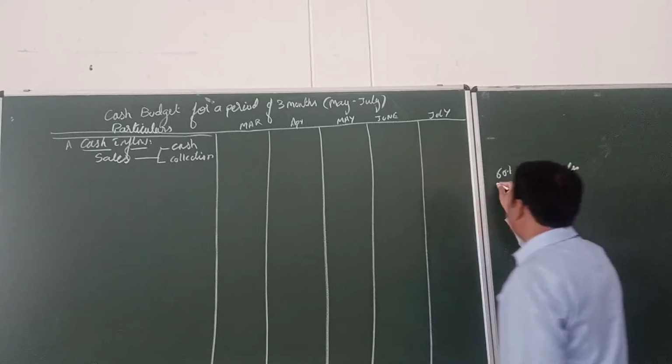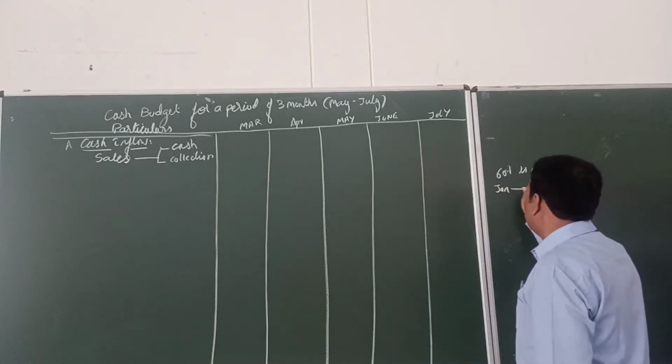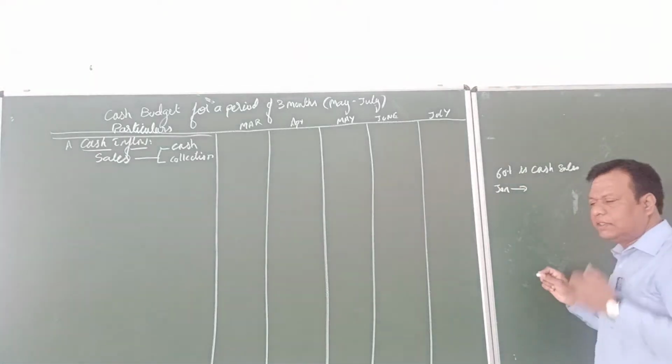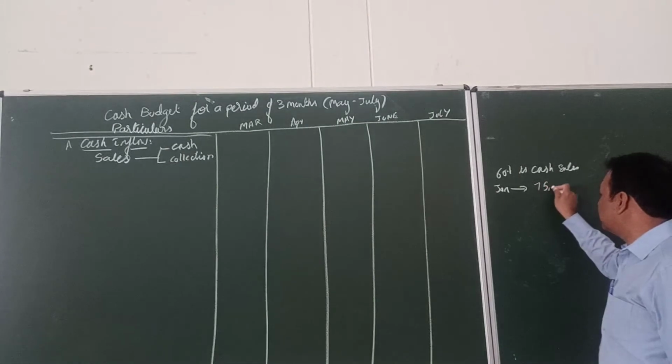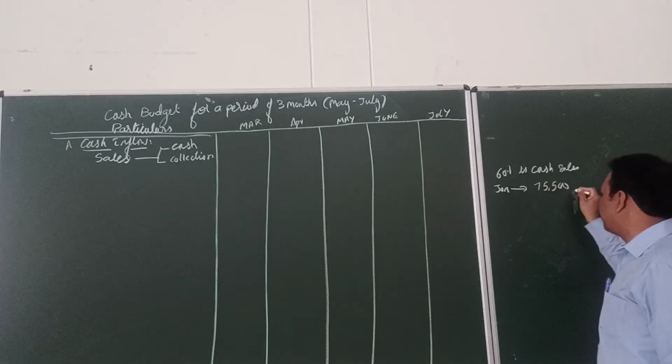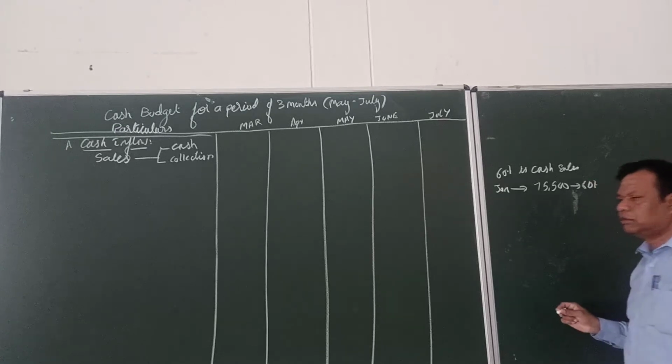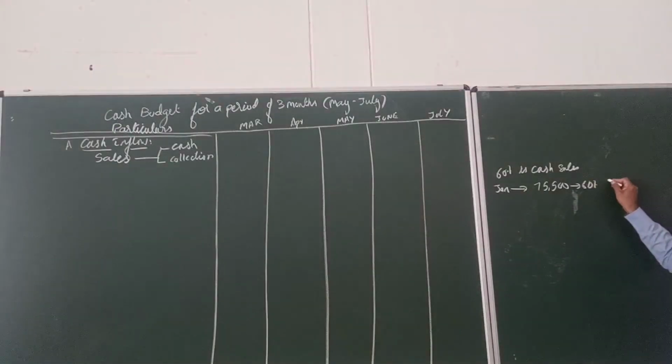Alright, first for the month of January, what is sales in the month of January? 75,500. 60% of that comes to 45,300.